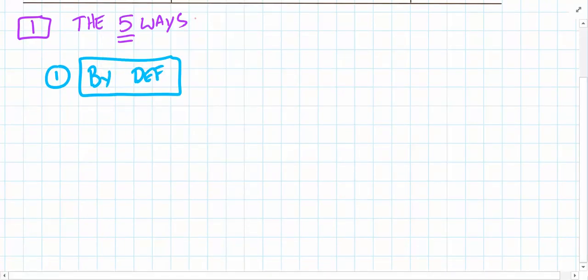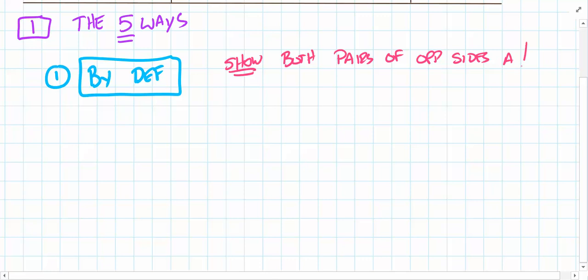Well, you actually have to show both pairs of opposite sides are parallel.